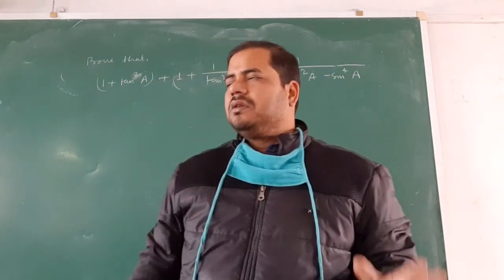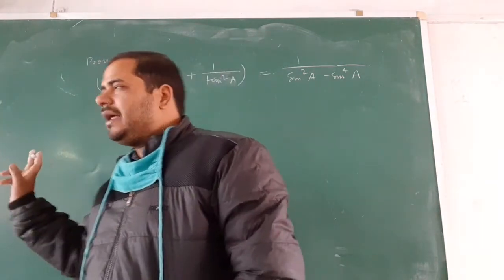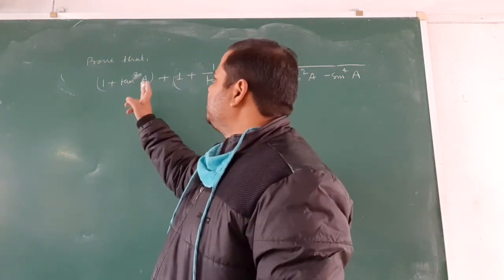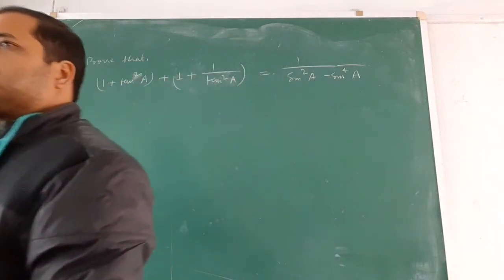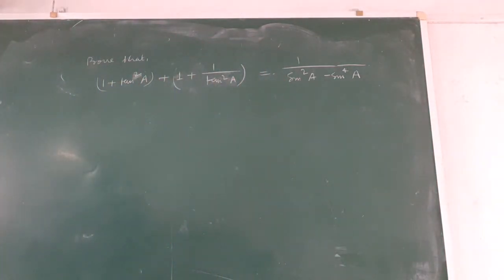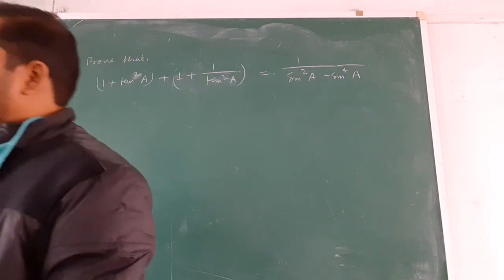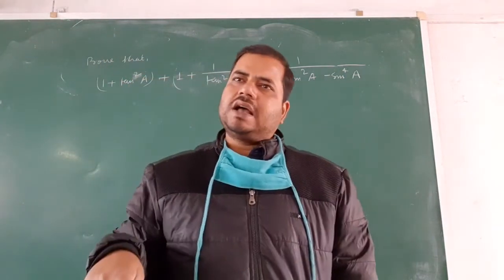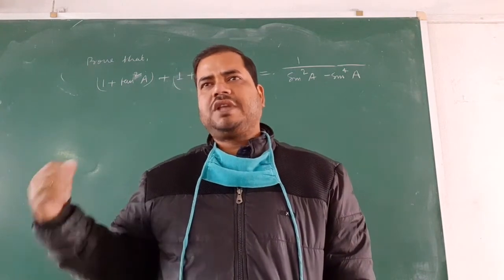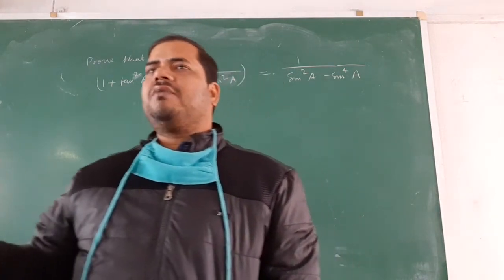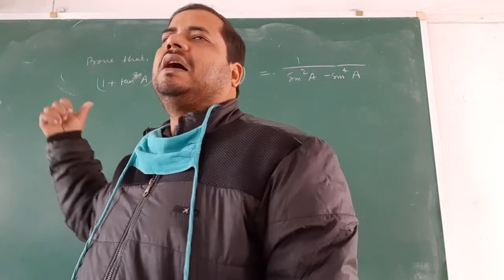Okay. Concept is only you have to change this particular trigonometric ratio, that means tan a in sin a. Concept is this only. Convert tan a into sin a. How will you convert? Okay, you just see, and after converting, surely you will get the answer.